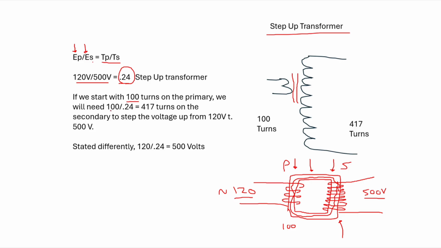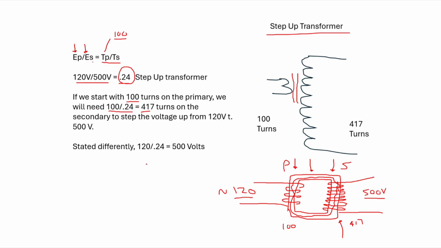So all we have to do is take our 100 turns on the primary and divide it by the turns ratio, 0.24, and we get 417 turns.